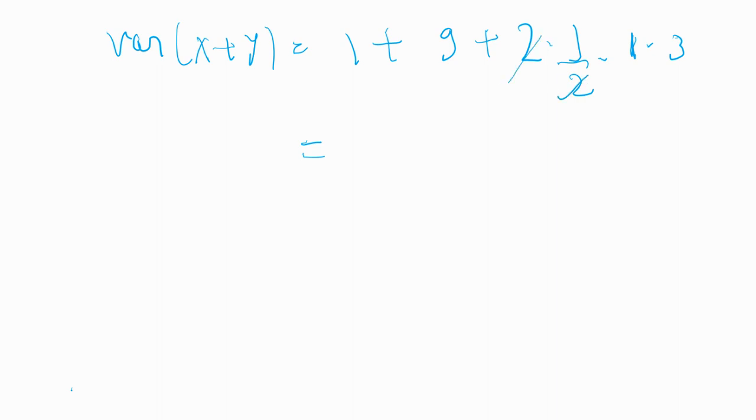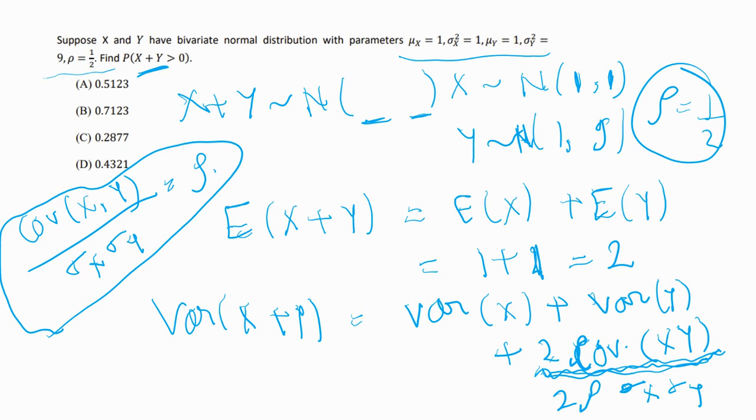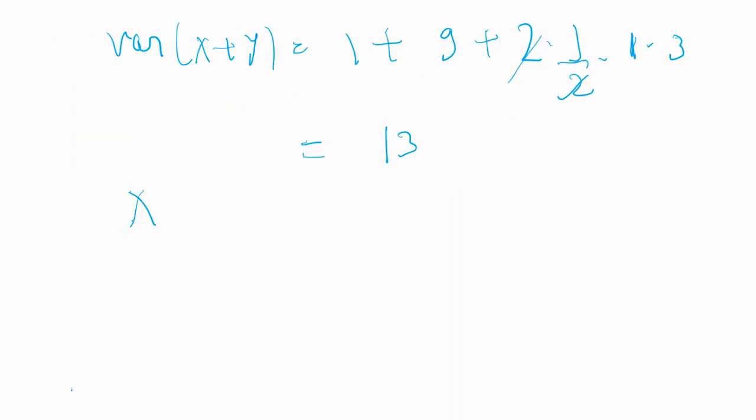So this one will be cancelled out, 9 plus 1 is 10, and then it will be 13. So now we know x plus y follows a normal distribution with mean 2 and variance 13.